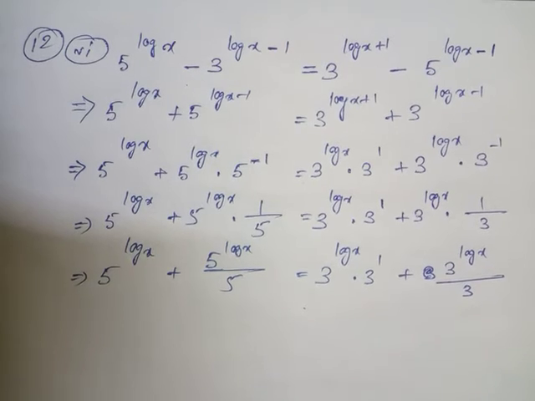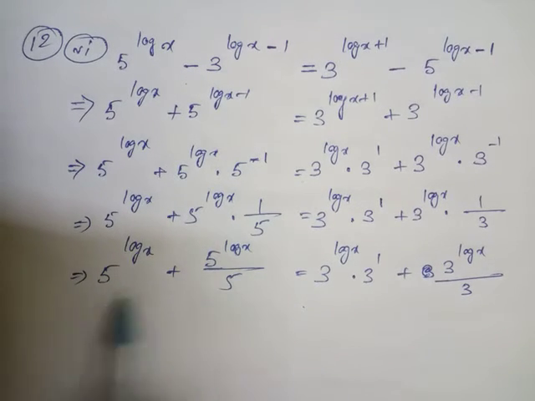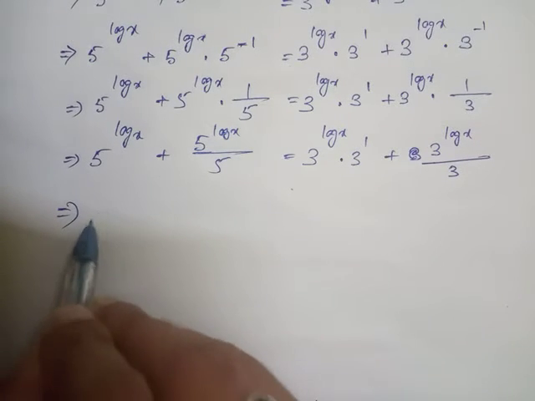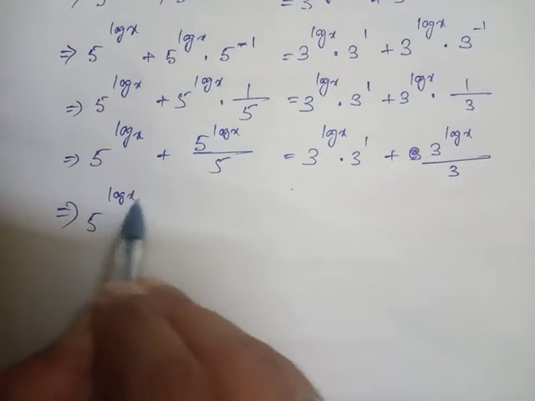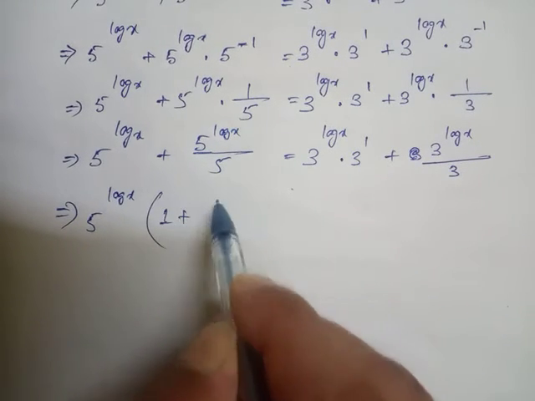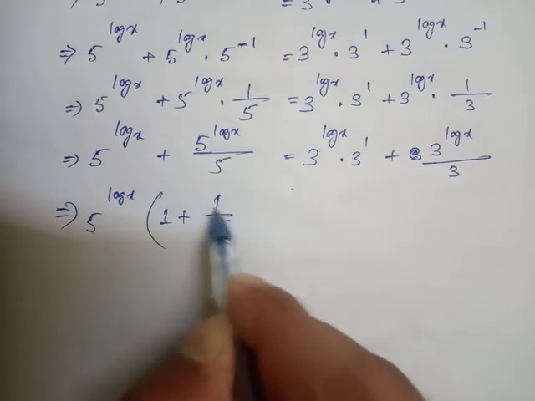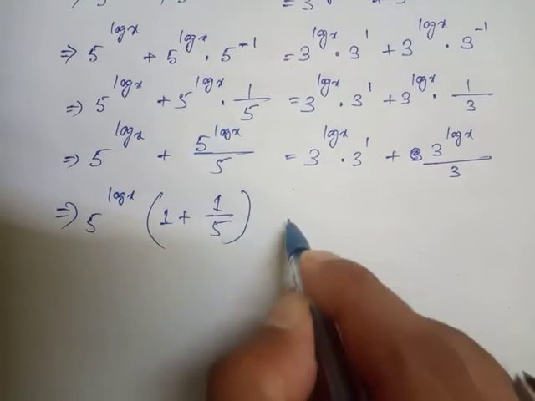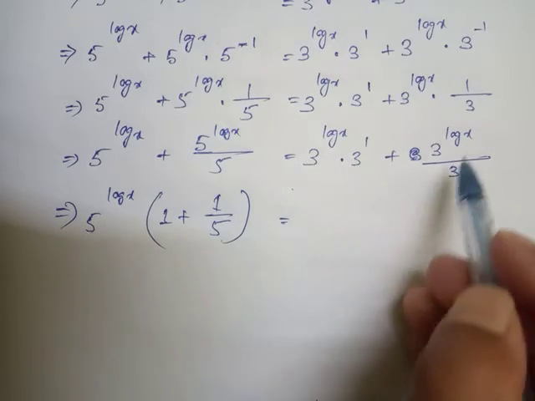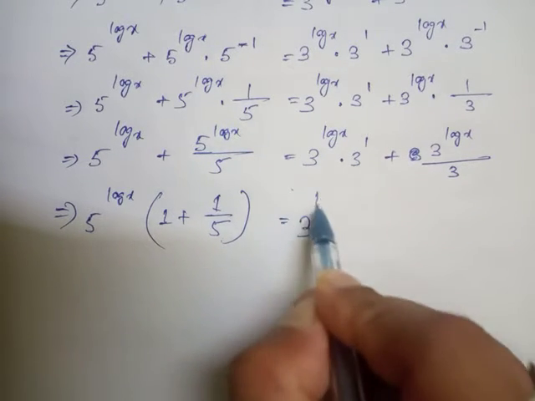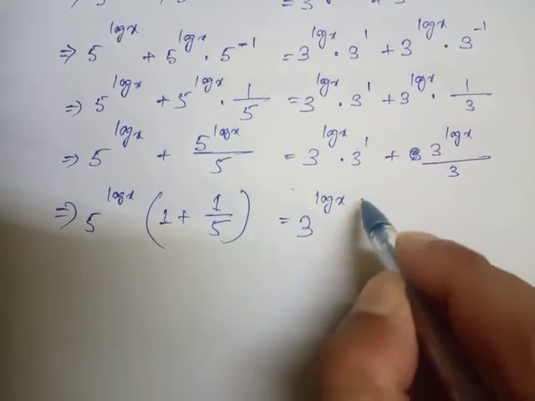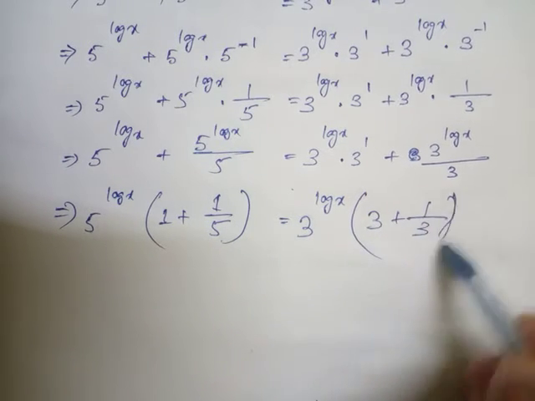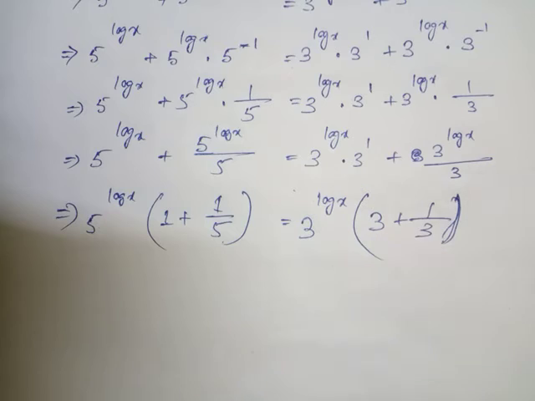Now I am taking 5 log x common. What will happen here? 5 to the power log x I am taking common, so the remaining part will be 1 plus 1 by 5. And from this place I am taking 3 to the power log x common, so the remaining part would be 3 plus 1 by 3. Go for the multiplication, we'll get this one again.